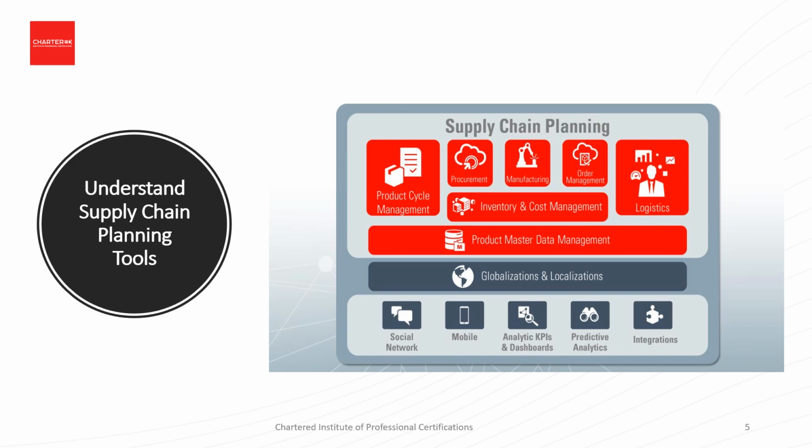These tools use historical data and predictive analytics to forecast future demand for products. This helps businesses plan production, inventory, and logistics more effectively. For example, a tool like SAP Integrated Business Planning for Demand can analyze past sales data and use machine learning algorithms to predict future demand.